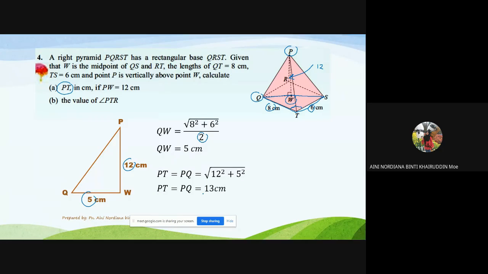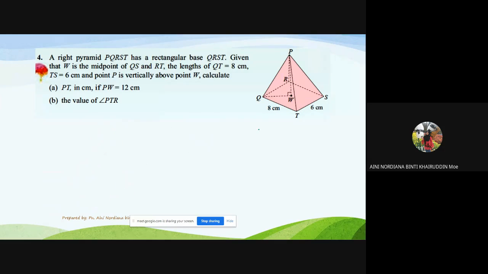For part B, the value of angle PTR. Angle PTR equals angle PQW.